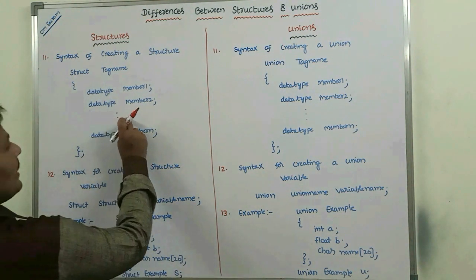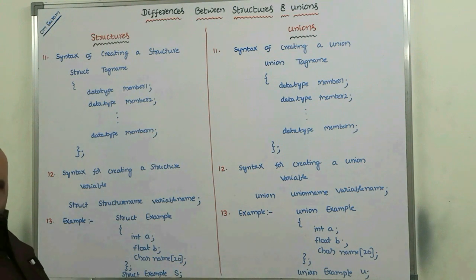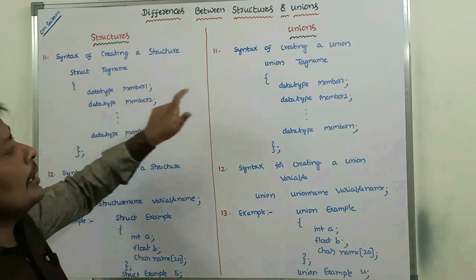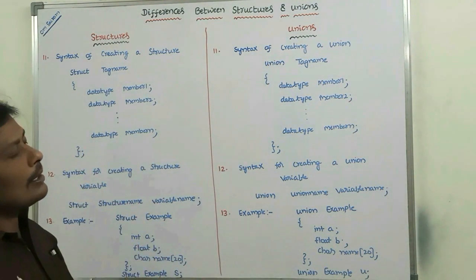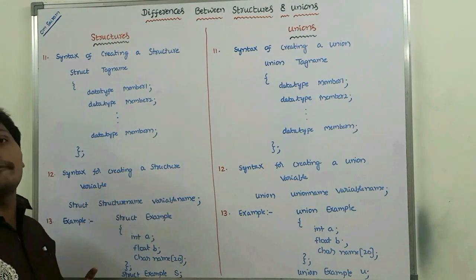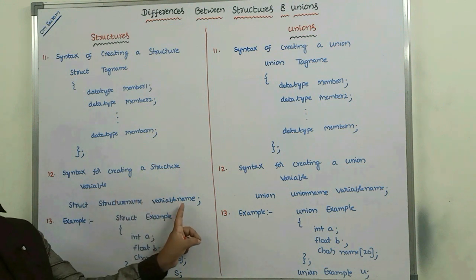So what is the difference between the syntaxes of structures and unions? Only here we use the struct keyword, and here we use the union keyword. The remaining is all the same. Next, the syntax for creating a structure variable: struct, structure name, variable name.